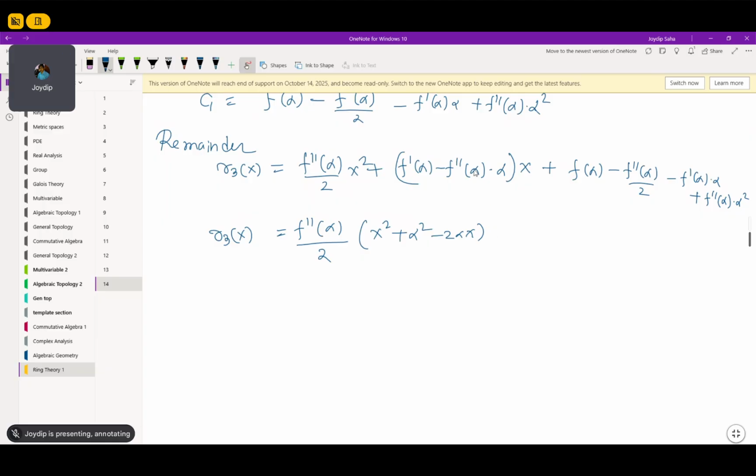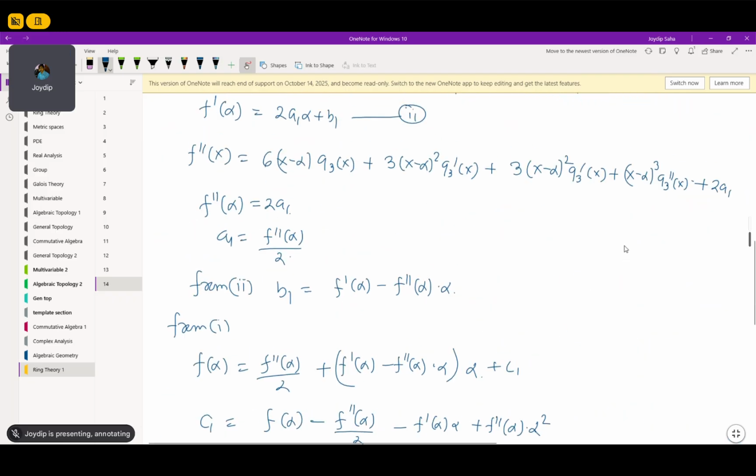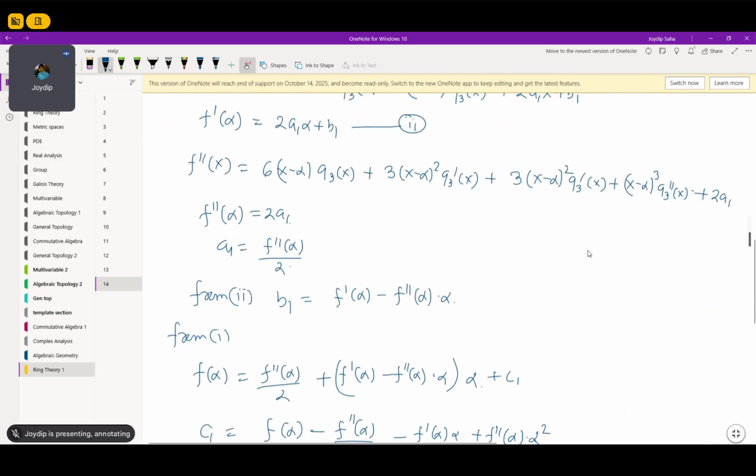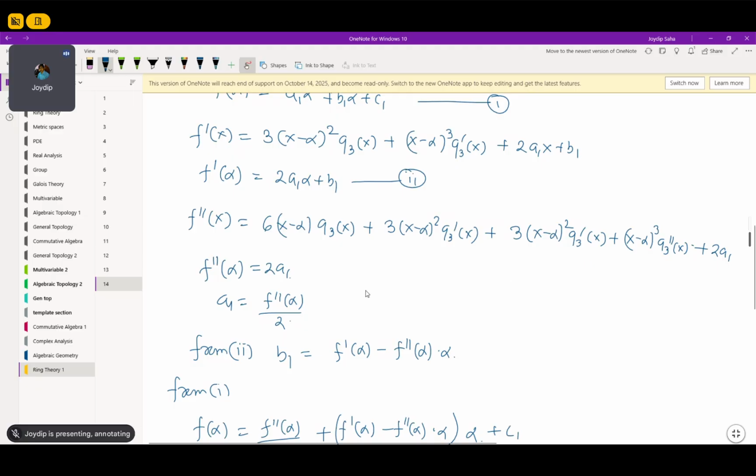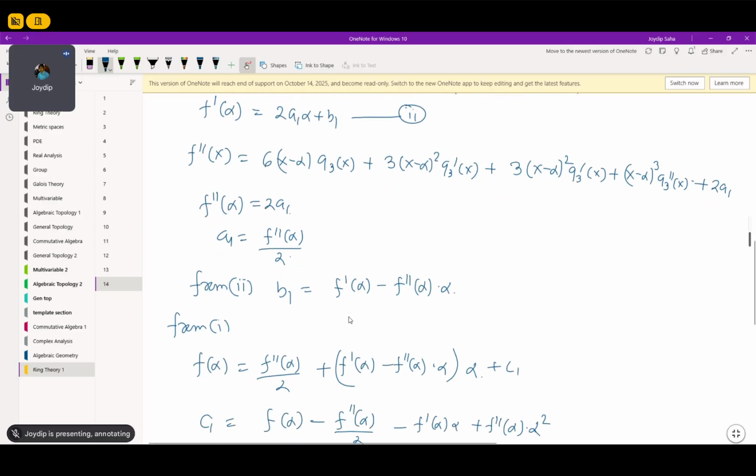Then f'(alpha) common, what I get is x - alpha, plus f(alpha). So this is your b1.